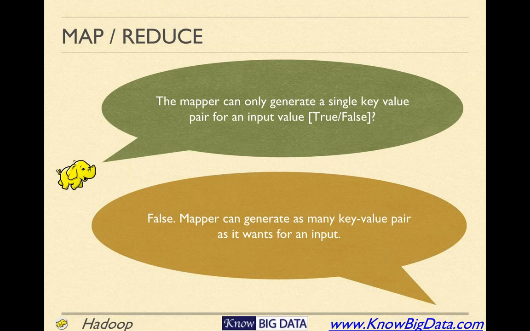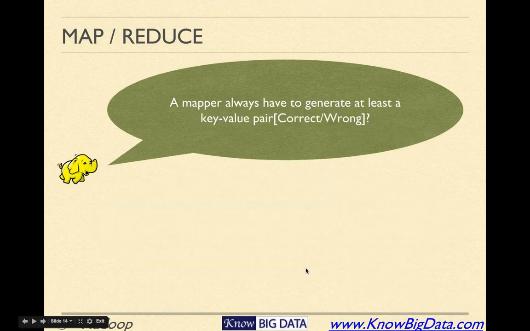In our word count example, the mapper function received a full line as the input and generated many key value pairs for a single line. Based on the logic, it can generate multiple key values. That's correct, Vaibhav. So Matthew and Deepak, are you convinced?